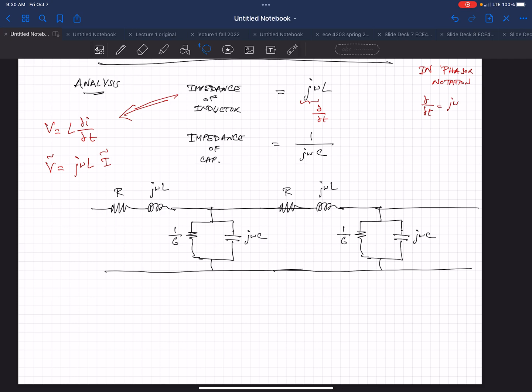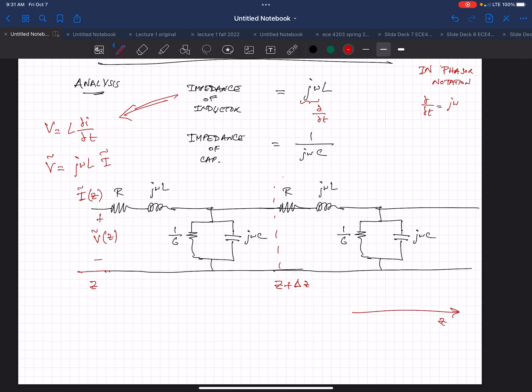This keeps getting repeated over and over again. And for each section, we're going to have a current, in phasor notation, I of Z. So let's say this is Z, and then we're going to have a V of Z. And this point here is Z plus delta Z, so this is a Z axis.